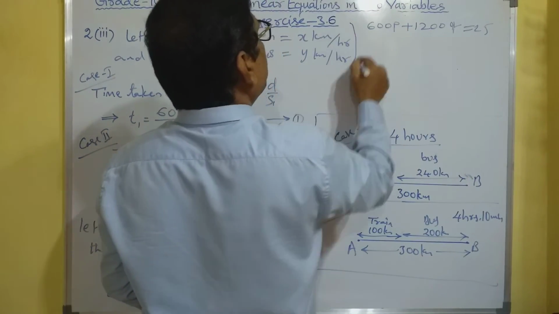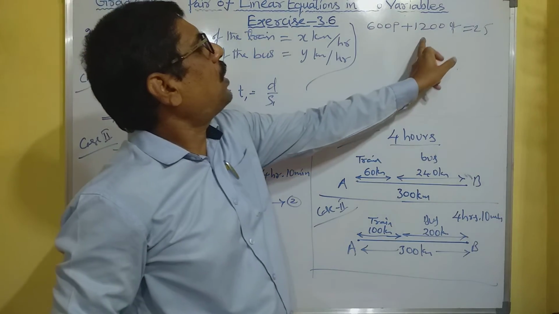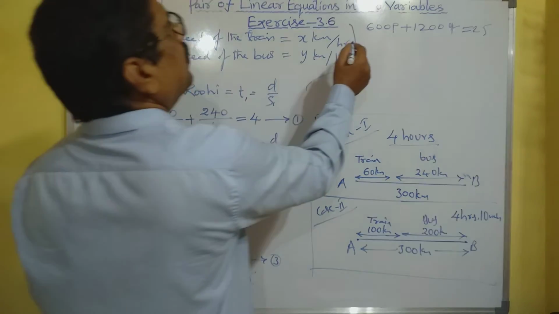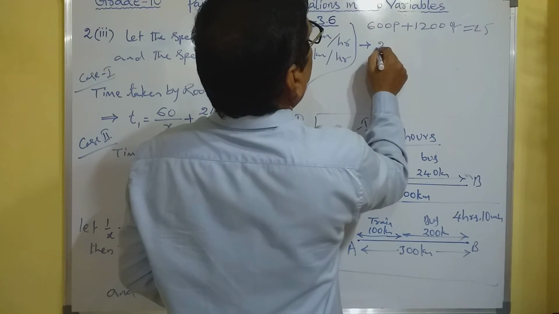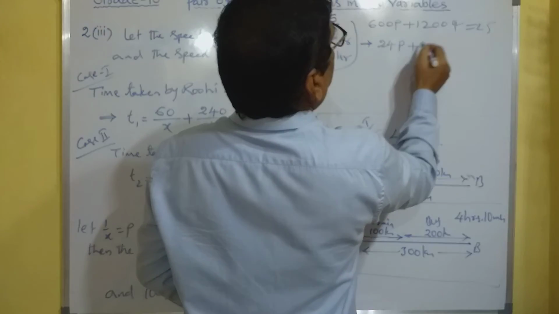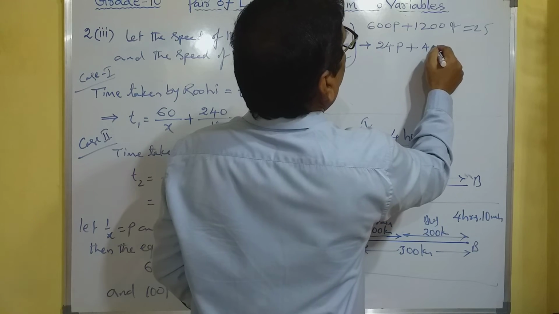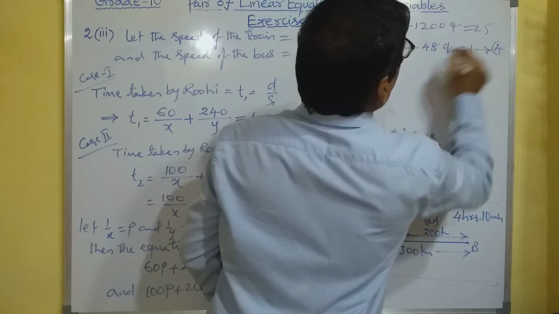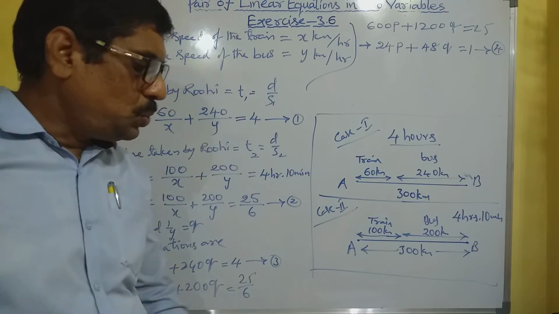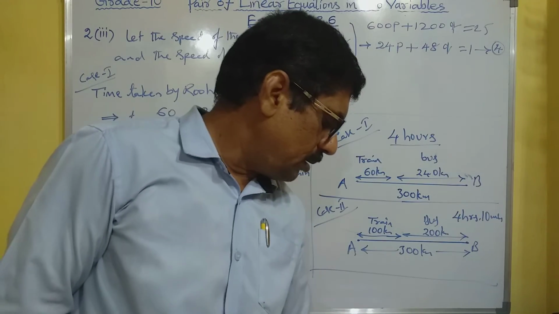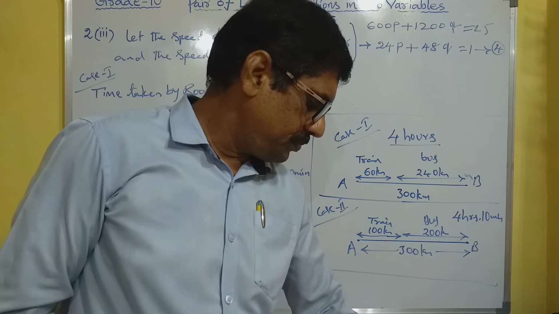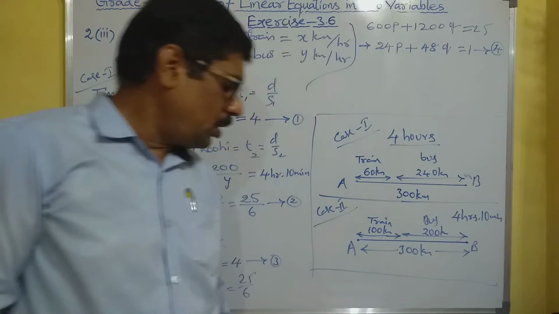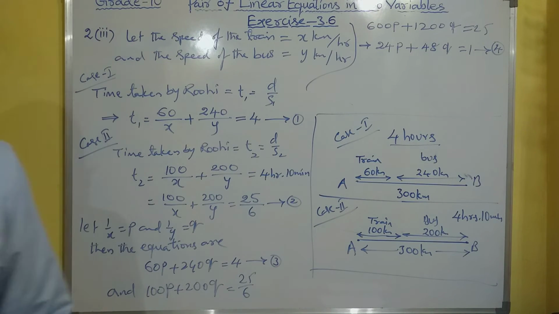And still I am simplifying. 600, 1200, 25, all the numbers are divisible by 25. 25 24s are 600, 25 48s are 1200, and 25 1s are 25. So this is the fourth equation. Now we have two equations in terms of p and q. Now let us solve those two equations.